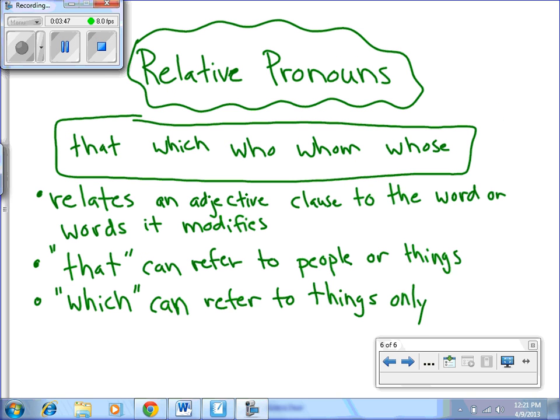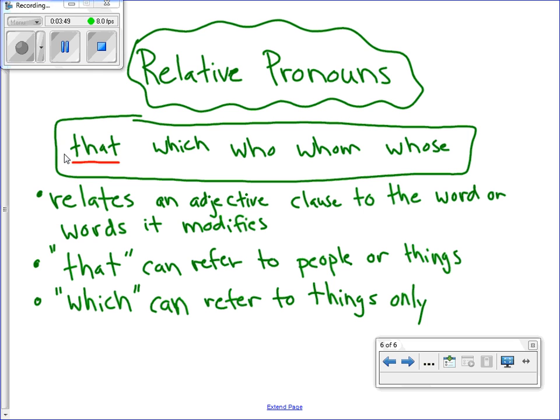When you see a relative pronoun, such as that, which, who, or whose, it's usually a pretty good clue that there's an adjective clause in the sentence you're looking at. Now, a relative pronoun relates an adjective clause to the word or words it modifies. The word that can refer to people or things.